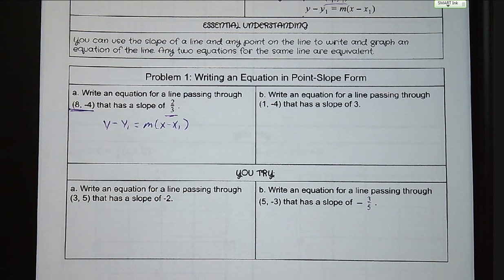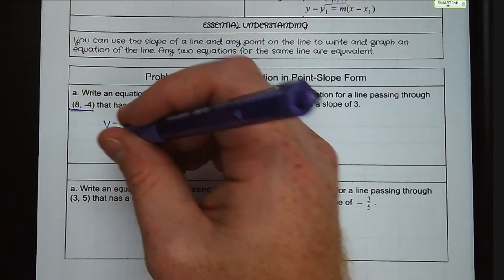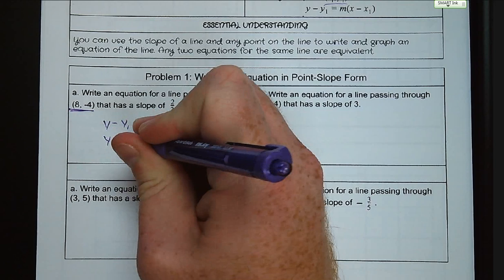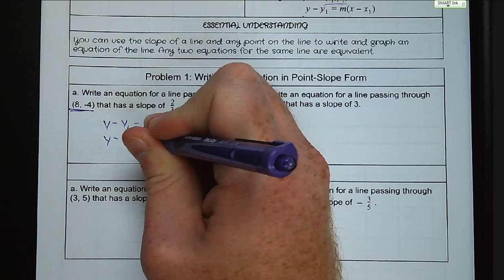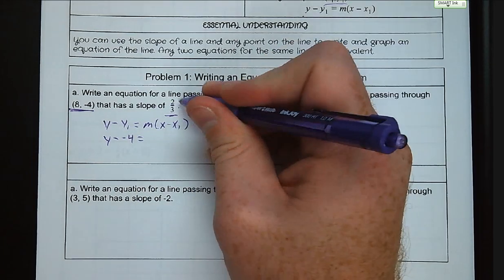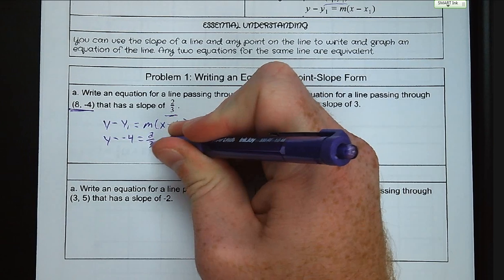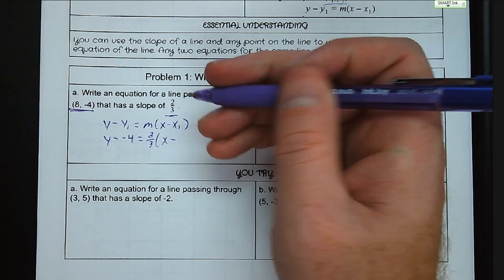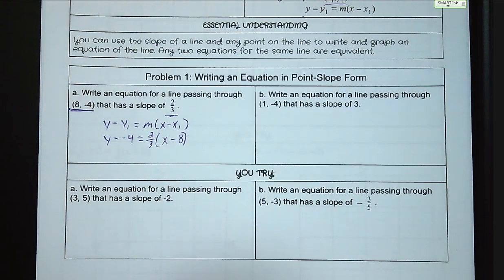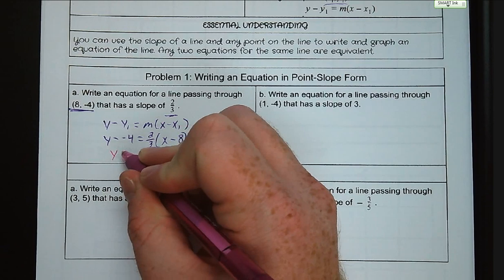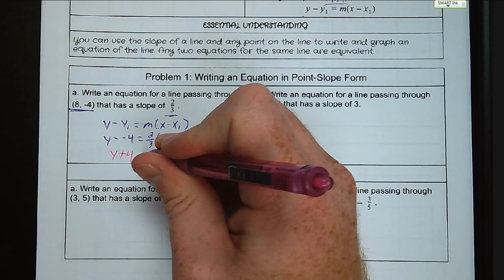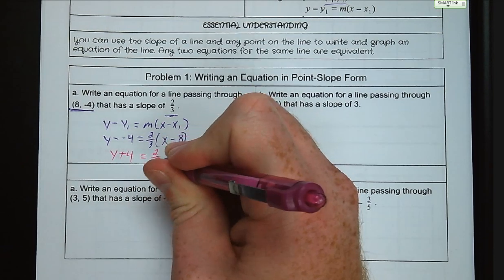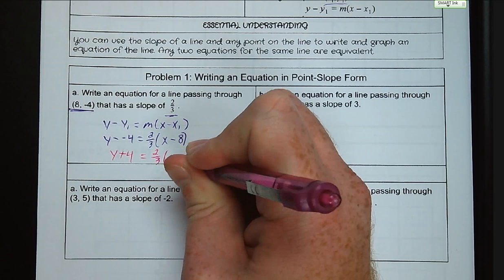So we're going to plug in the pieces of information we know. We have y minus negative 4 is equal to m, my slope, 2/3 times (x minus my x coordinate, which is 8). And now we just need to simplify. We've got y plus 4 is equal to 2/3 times (x minus 8).